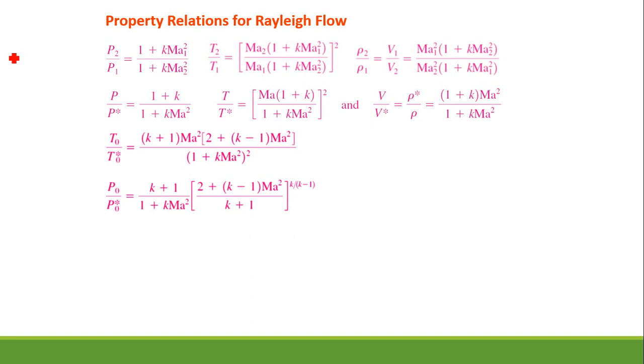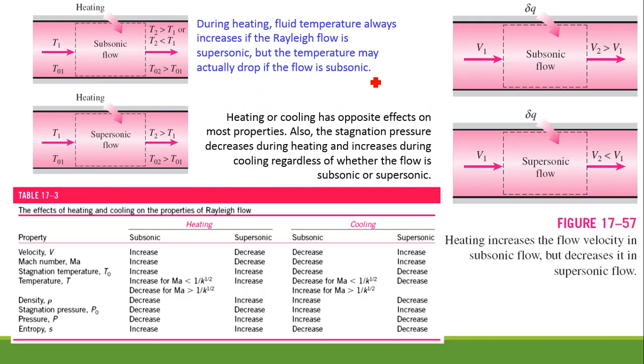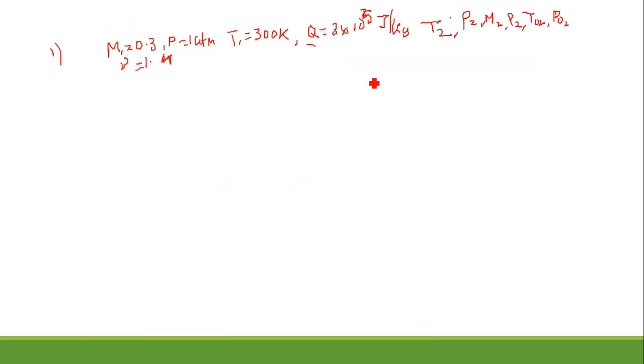Based upon these things we can find P2 if we know P1, and T2 if we know T1, and if we know rho 1 and the values for M1 and M2, we can easily find P2, because they have given the value for P1 and T1. Rho 1 I think they didn't mention, only T1, P1 and M1 are given.